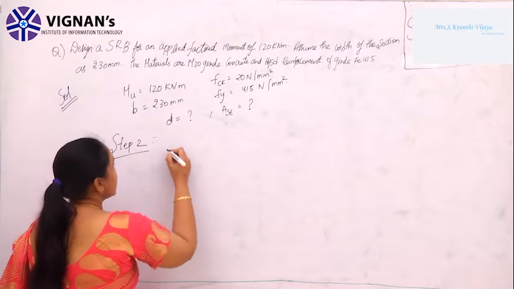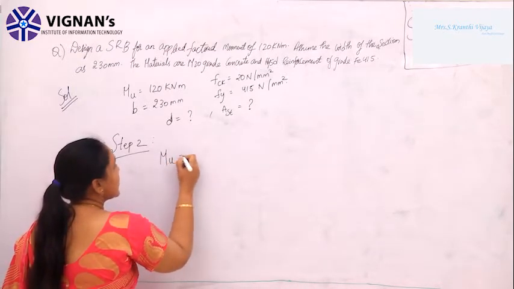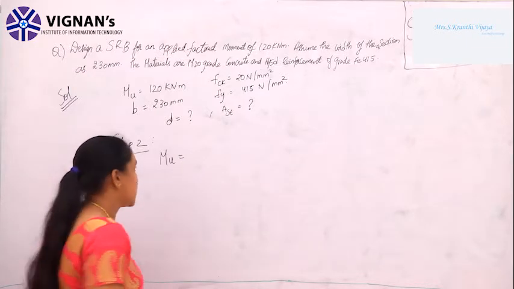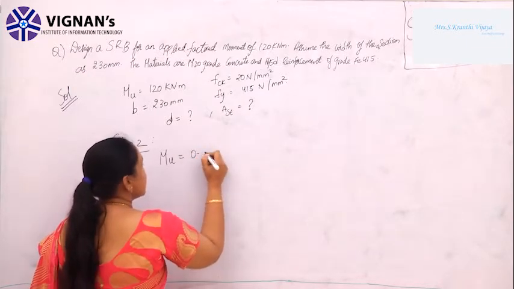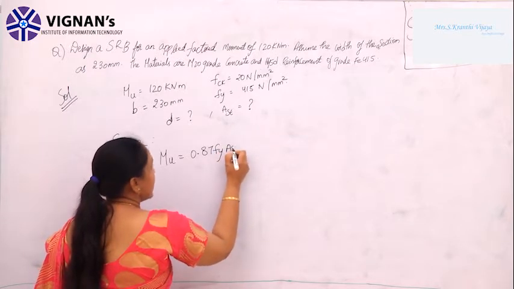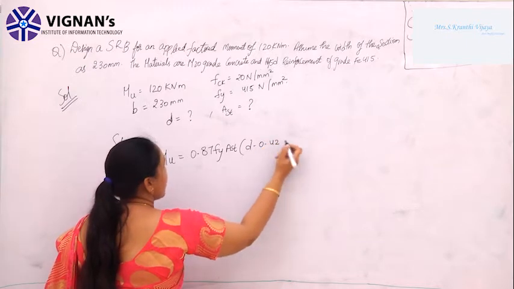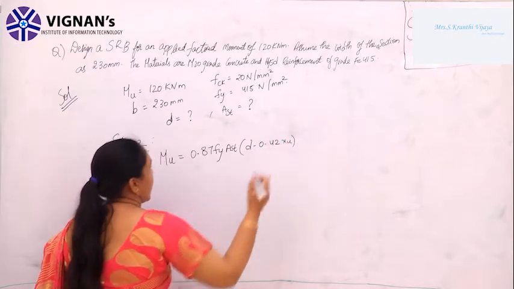In the previous topic we have already seen the formula for calculating the area of steel. The formula is Mu is equal to 0.87 Fy into Ast into d minus 0.42 into Xu.